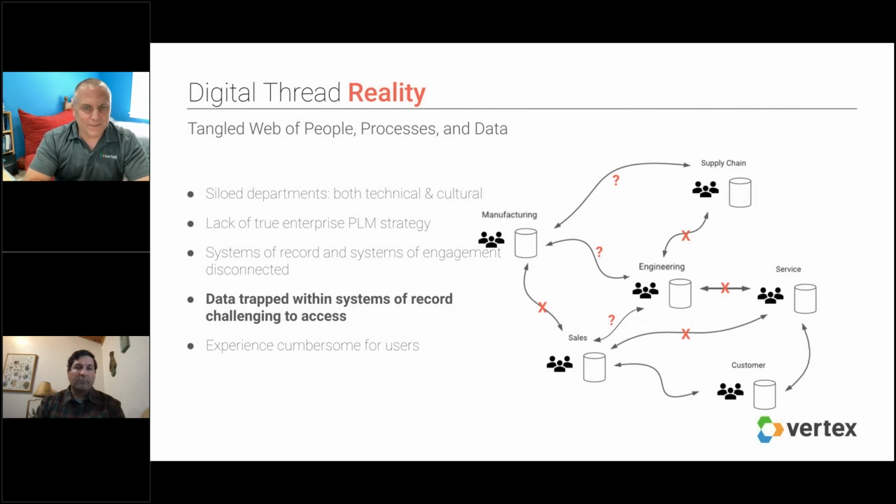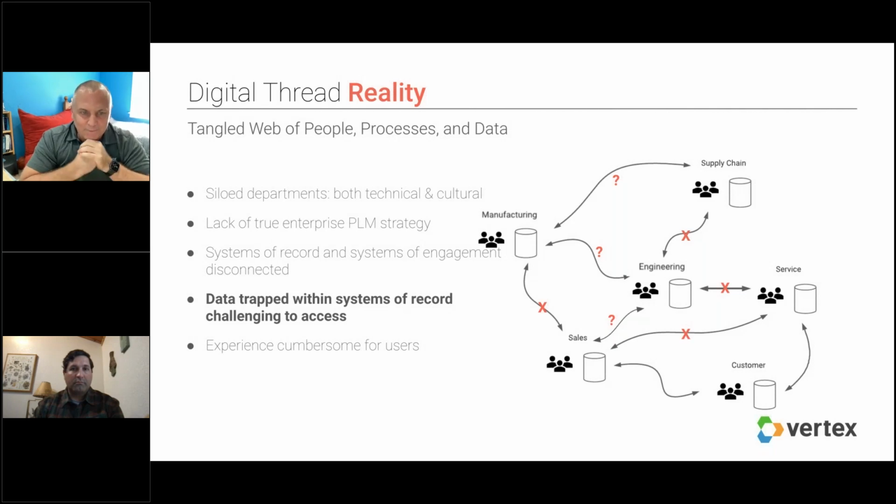The manufacturing group should be able to see the latest engineering released data in the context of a fixture, a cell, or a manufacturing process. The service technician should have their digital twin readily available in the tools they use, whether it's on a tablet or a phone, to allow them to truly do their job and have this information enhance what they're doing, versus making them leave, go find something, and try to keep that in the context of their regular job.